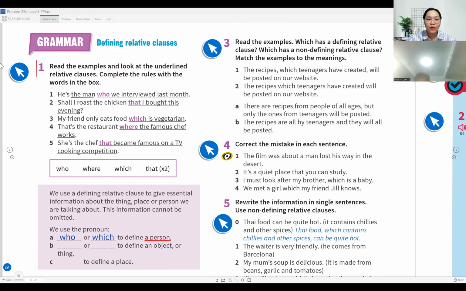And let's see the chicken, food here. Number five, she's a chef. So the chef is a cook, right? The person who cooks in a restaurant, in a hotel. So we can use the word that. So to define a person, we can use who or that.